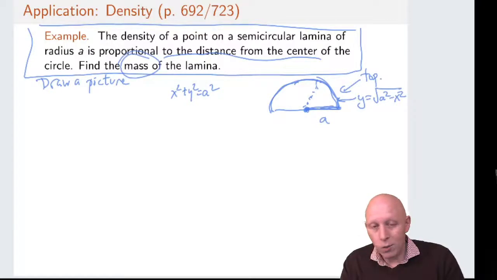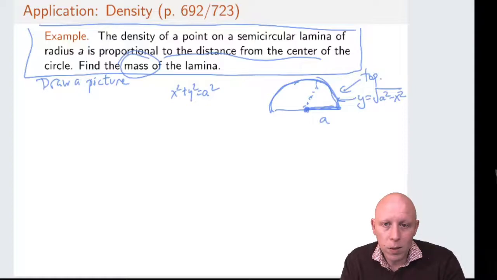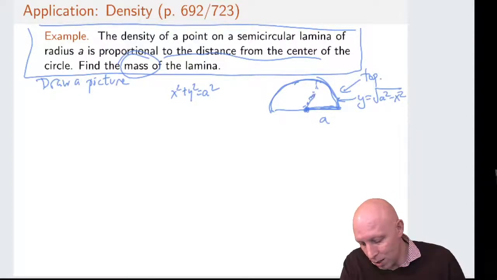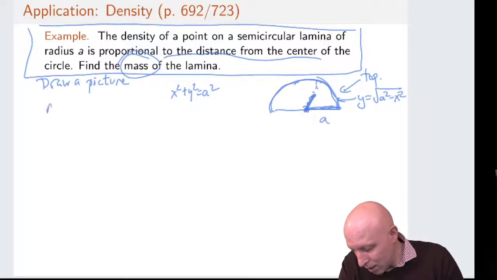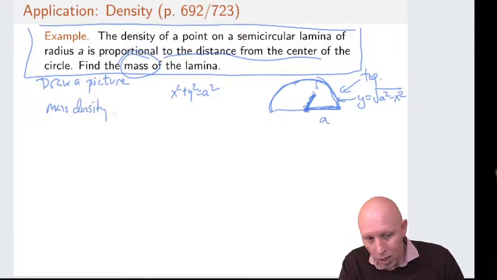We need an equation for the mass of the lamina. Well, it has to do with the distance from the center. So the mass density is going to be what we normally write as rho of x and y.